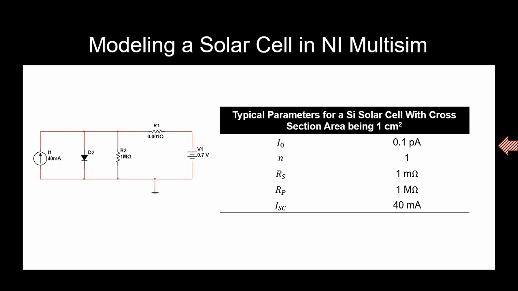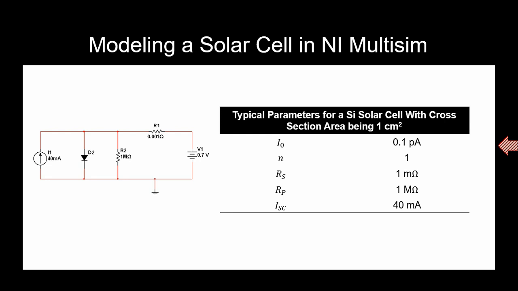The ideality factor, or sometimes in NI Multisim it is called the emission coefficient, is say 1. Series resistance 1 milliohm. Shunt resistance, also called parallel resistance, is say 1 megaohm. And short circuit current, or the current from the source, is say 40 milliampere.